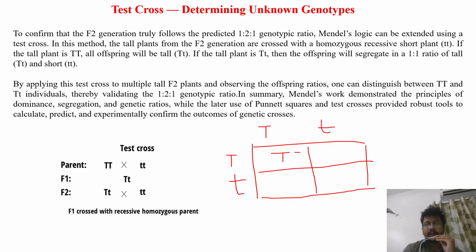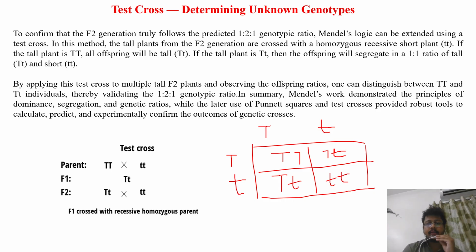First will be capital T capital T, then there will be capital T, small t, then there will be a small t, small t.